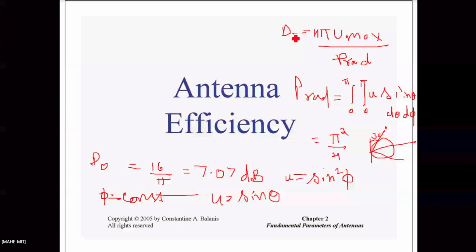Sir, for 0 to 20 sine theta, I'm getting 0.06. And what are you getting in the second part? You substitute in radians. Yes, sir, I substituted in radians. And phi varies from 0 to 2 pi in both cases.